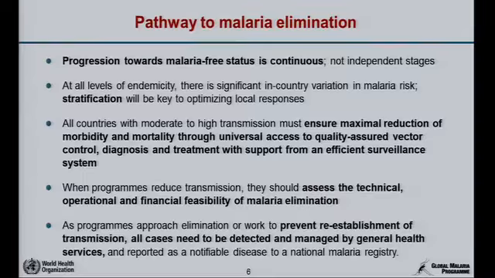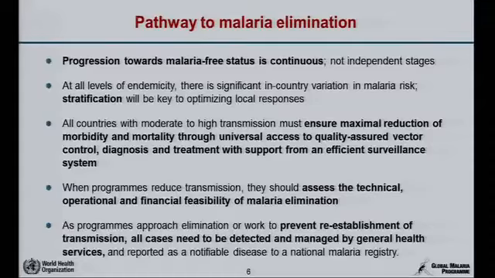In other words, we want to make it very clear that our first task today is saving lives today in the most affected countries. And this is not in contradiction with the aim of accelerating towards elimination. These are not contradictory goals that the malaria community faces.